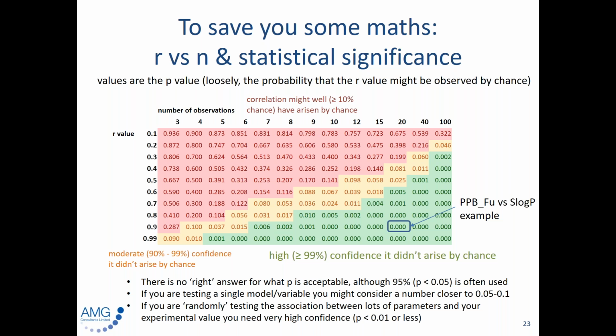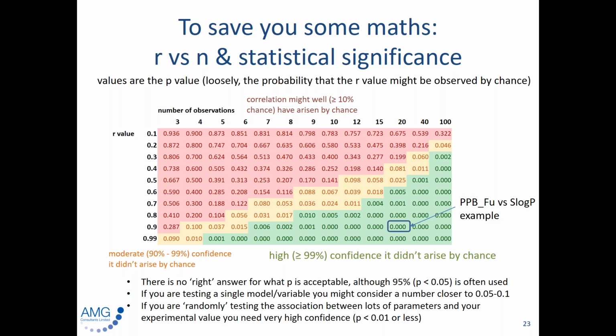Just a word on what's acceptable. There isn't really a right answer for that, although 95%, so p less than 0.05, is often used. It does depend a little bit on the context. So for example, if you're testing a single model, which you're fairly sure is the one that you want to check, then you can probably consider a number closer to 0.05 or even 0.1, depending on the circumstances.